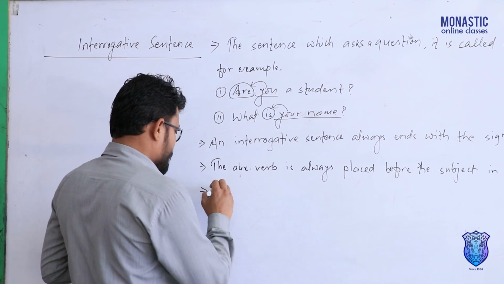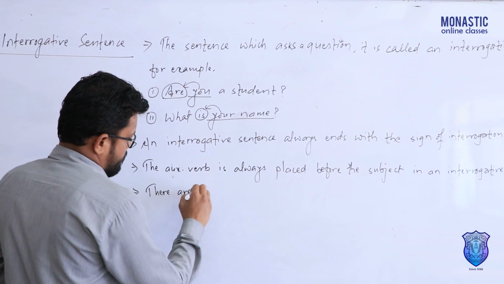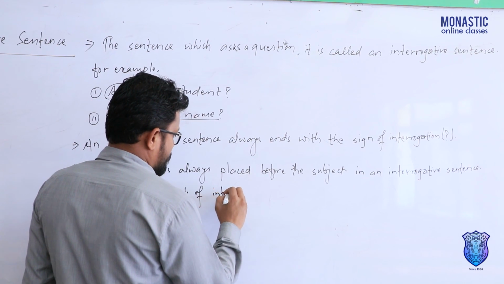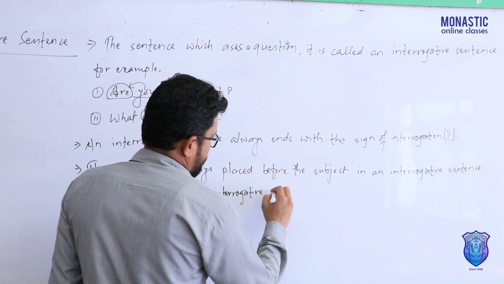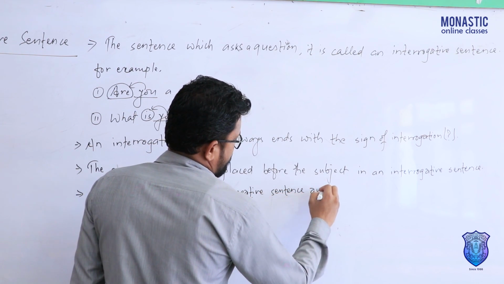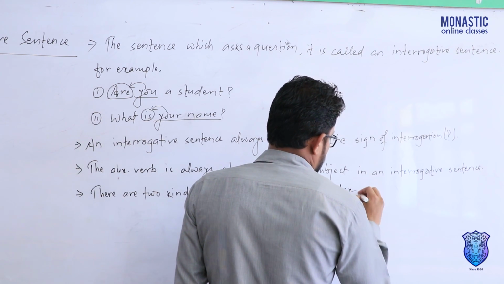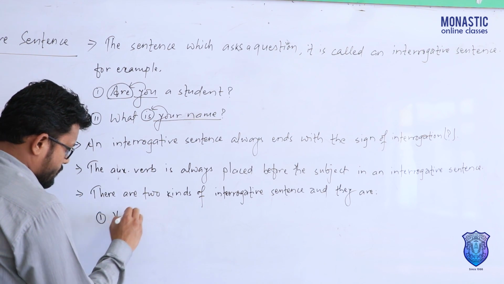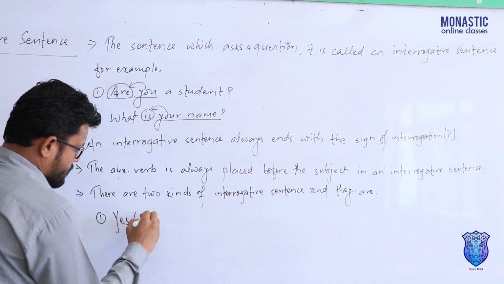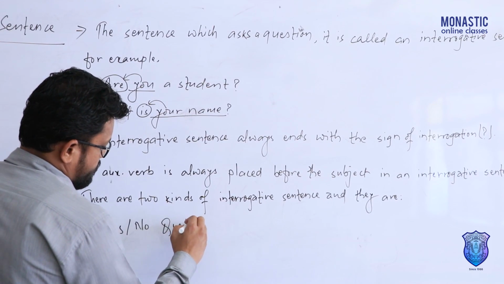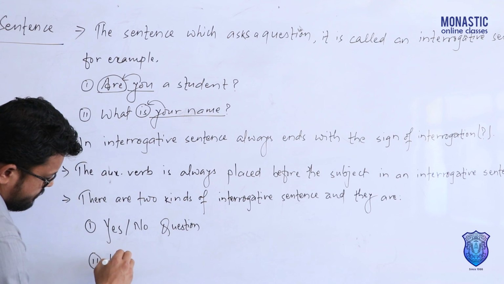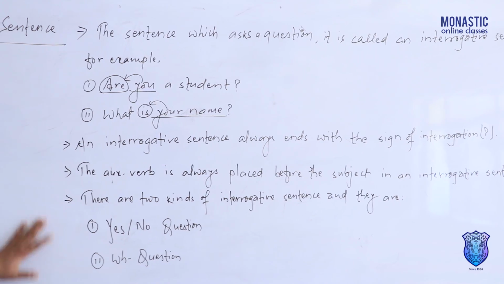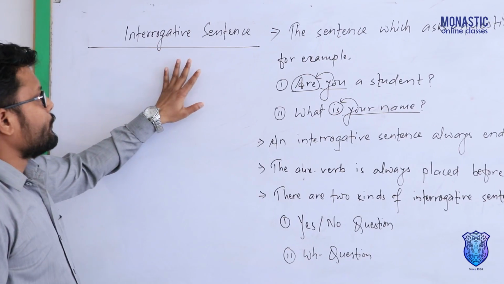So there are two kinds of interrogative sentence, and they are, very first, the yes-no question, and number two, the WH question. So these are all the ideas about the interrogative sentence.